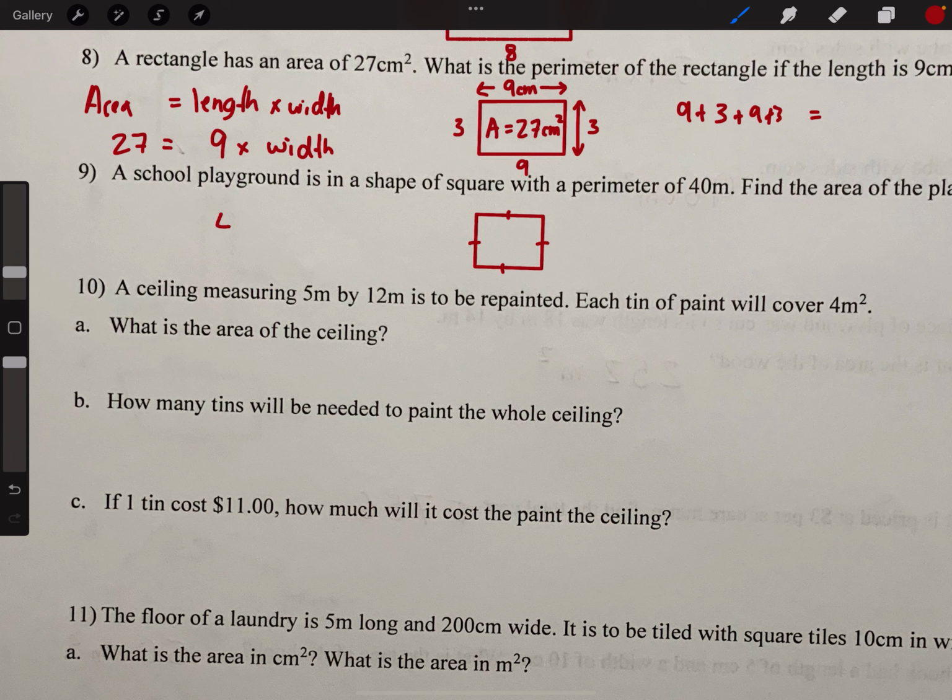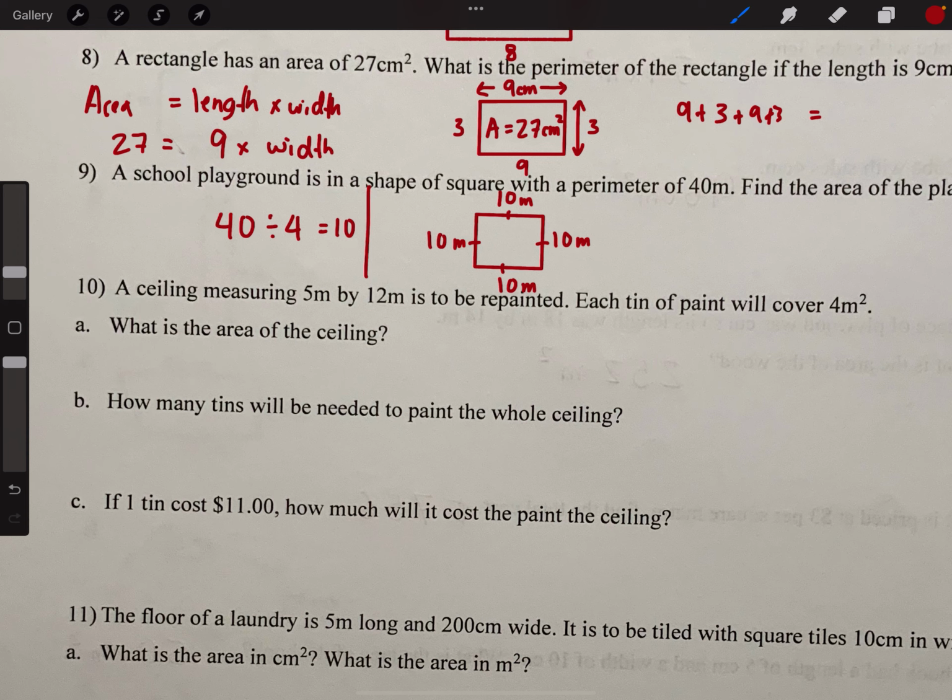So if you do 40 divided by 4, you're going to get the length of each side, because if we add all of these four even numbers, we get 40. So each side has to be 10 meters, because 10 plus 10 plus 10 plus 10 will give you 40.